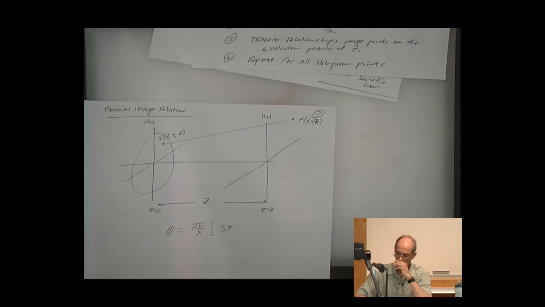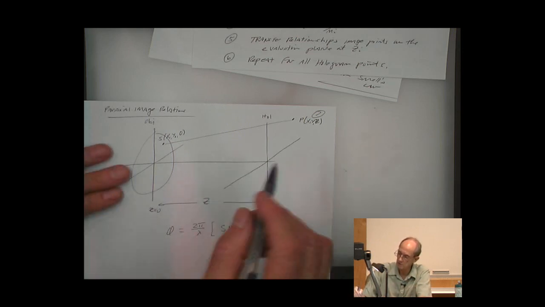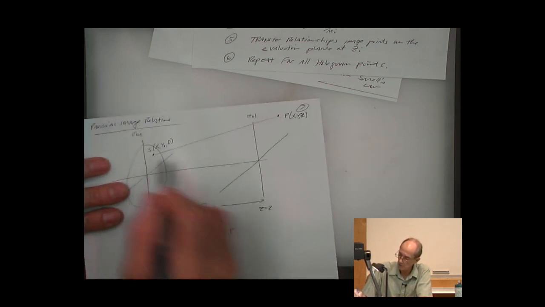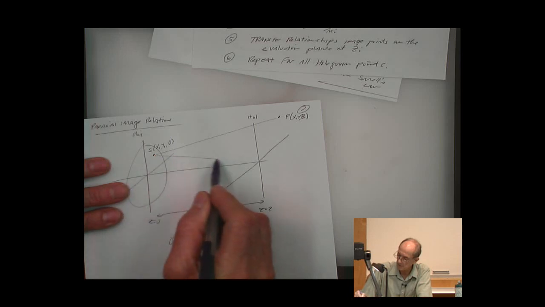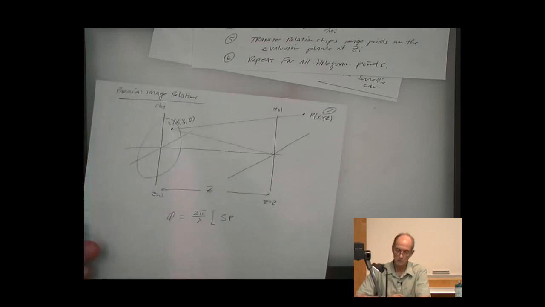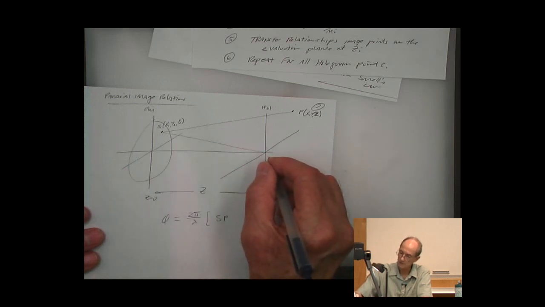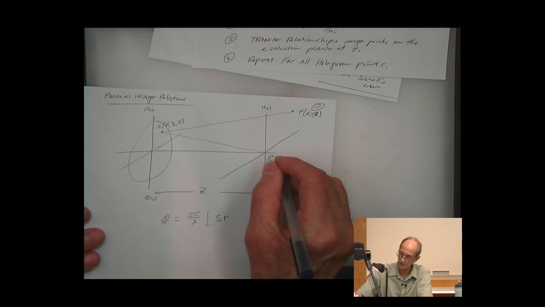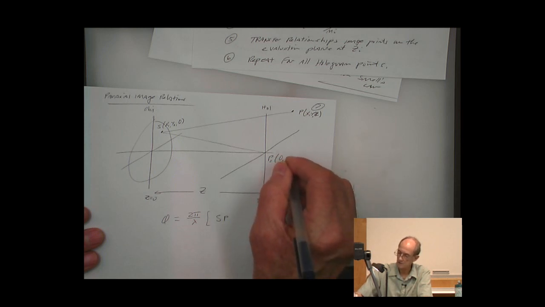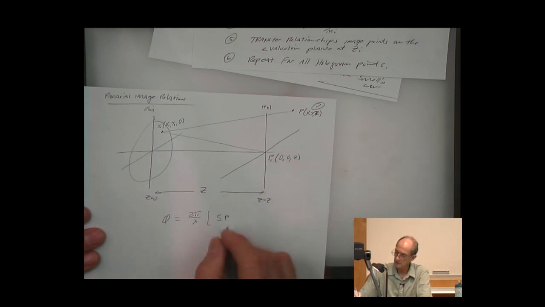All right, so oftentimes what's done is to normalize the phase or reference the phase to another phase which goes from that point to the origin of our evaluation plane, the hologram plane in this case. So here we have another point, P0, at the origin, which has coordinates 0, 0, and z.